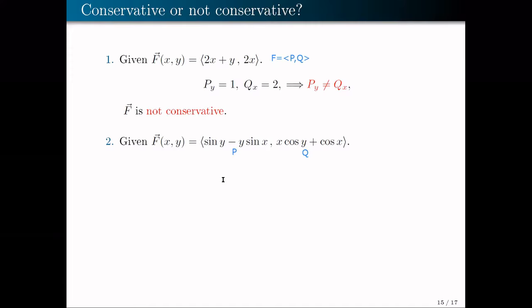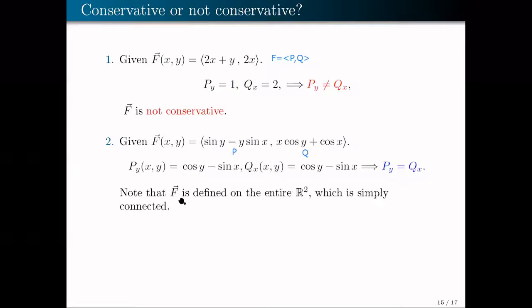Solving for Py, we have cosine y minus sine x. Now for Qx, we have cosine y minus sine x also. So here we have shown that Py equals Qx, and so F is conservative.